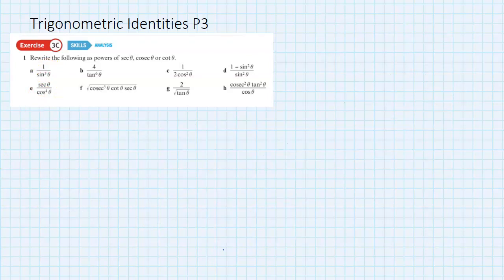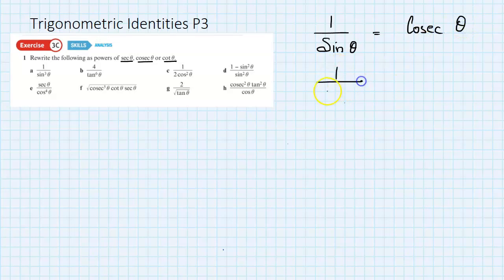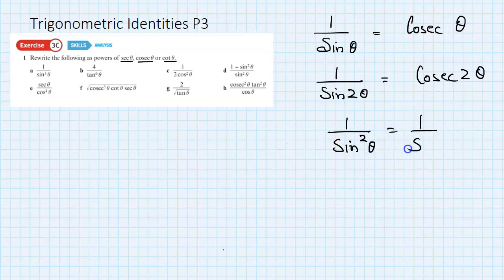The question is, rewrite the following as sec theta, cosec theta or cot theta. For example, first we talk about 1 over sine theta, that is cosec theta. 1 over sine 2 theta is equal to cosec 2 theta. 1 over sine square theta means 1 over sine theta and 1 over sine theta.